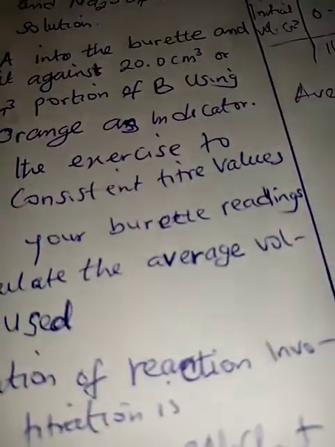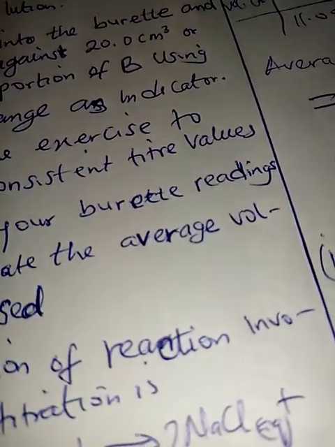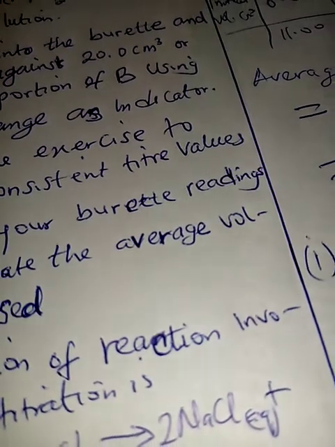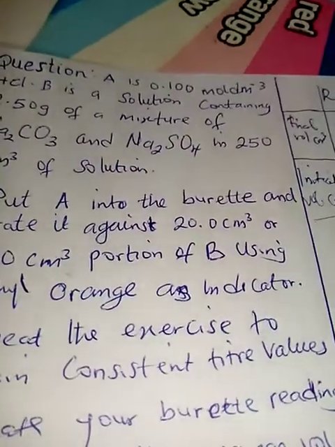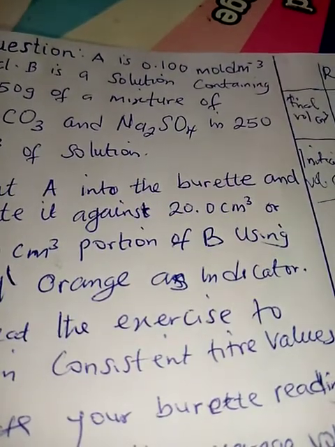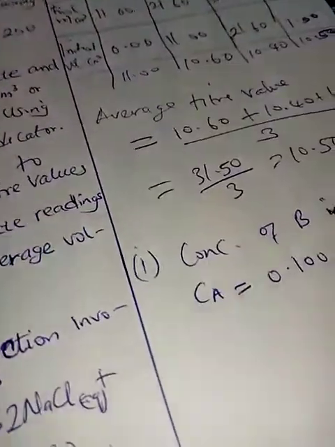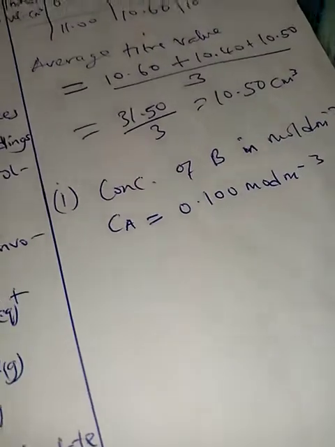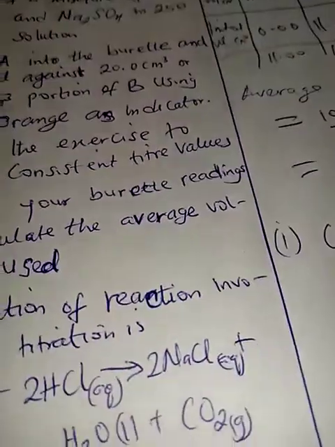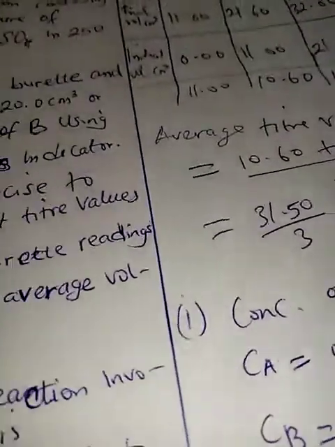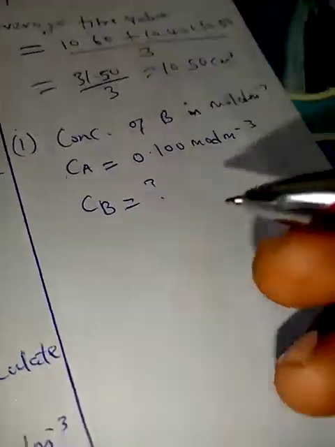So what do I do? I'm going to use this formula. Let me write out the concentration of A from the question, which is 0.100 mole per dm cube. The concentration of B is not given, so that's what we are looking for in mole per dm cube.